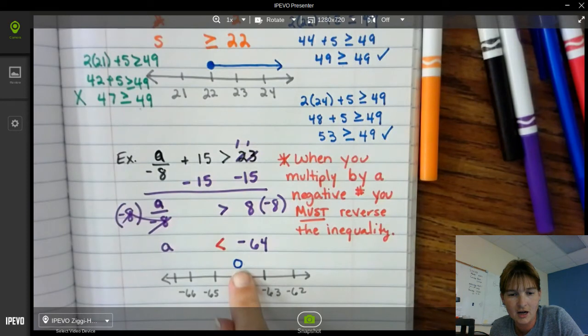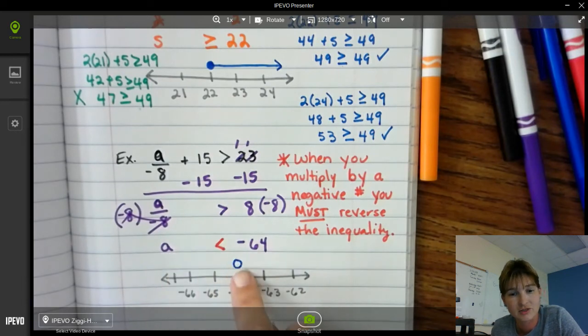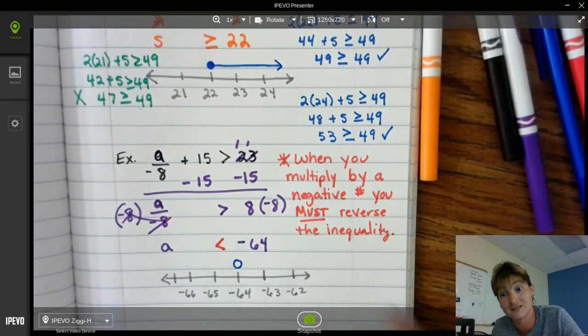If you're going to the right, your numbers get bigger. The closer you get to 0, your number gets bigger. If that's hard to believe, think of money: you don't want to owe money to people, so the more you owe, the further away you get from 0, and that's not what you want. The less you owe, the closer you get to 0, and that's even better, especially whenever you get above the 0 mark.